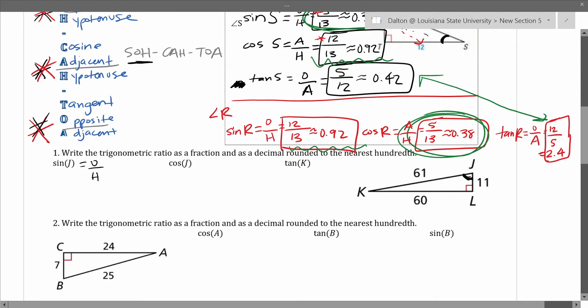Opposite of angle J, completely across the triangle, not touching it at all, is 60. And the hypotenuse, across from the 90-degree angle, I can label this as H because it'll never be anything else. The hypotenuse is 61. So there's my answer as a fraction. As a decimal, if I divide this in my calculator to the nearest hundredth, I will get about 0.98.